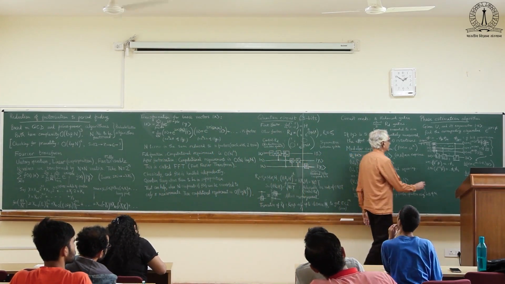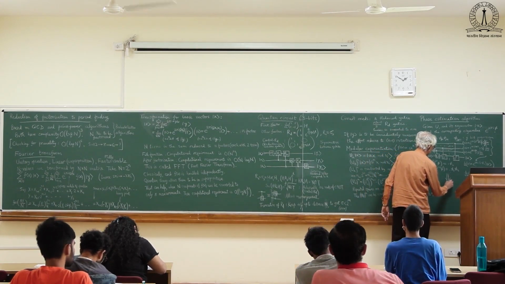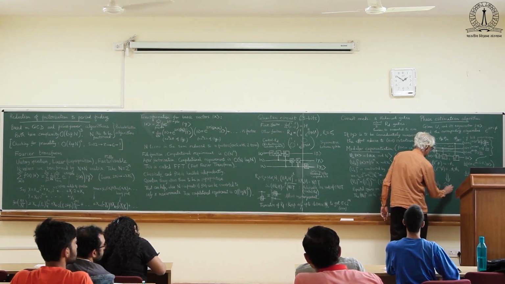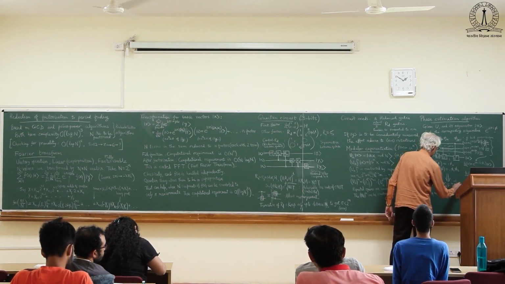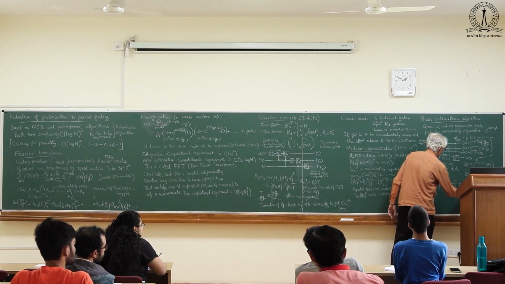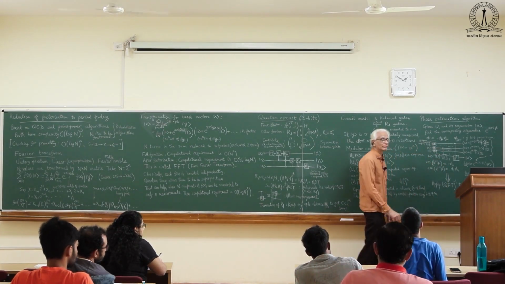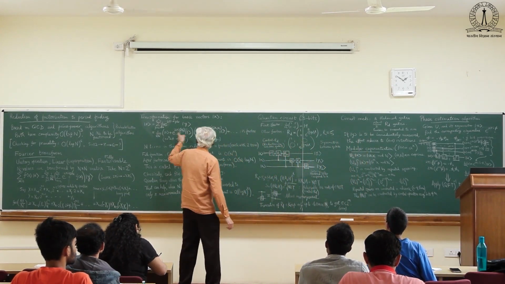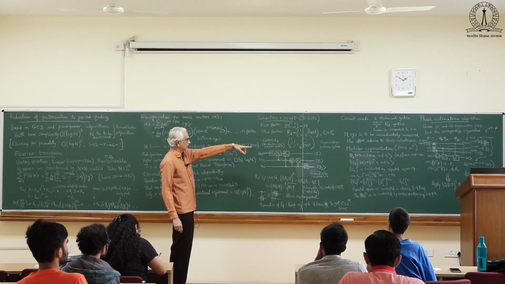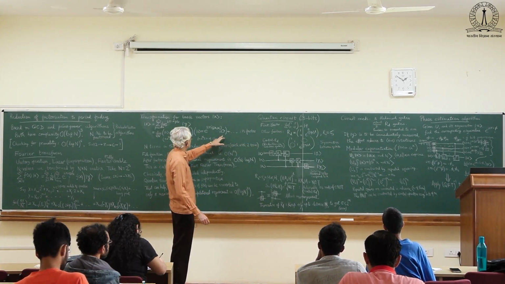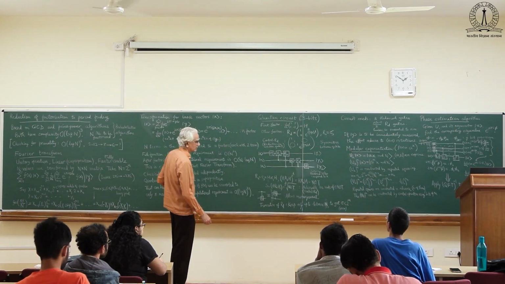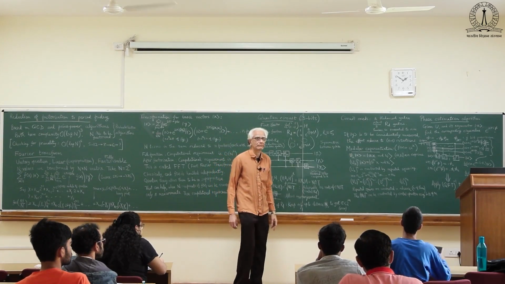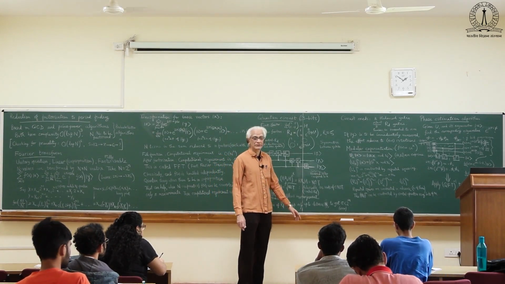So apply the inverse Fourier transform. This Fourier transform produced this result. Here you have that particular expression. You go back from here to the other side. And that solves the problem.